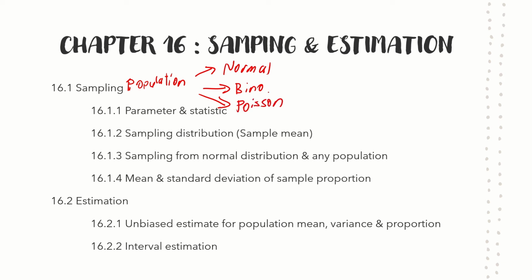In sampling distribution, we can take information from the population to determine whether it is binomial, Poisson, or normal. In the STP syllabus, we only learn two types. The first is sampling from a normal distribution. This means the population, let us say X, is normally distributed.